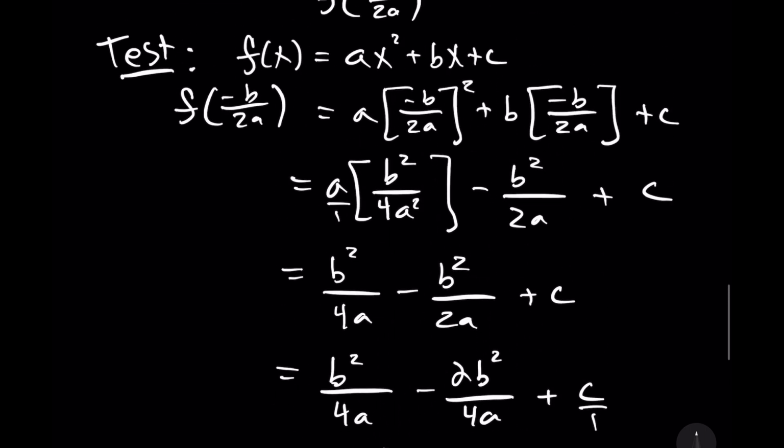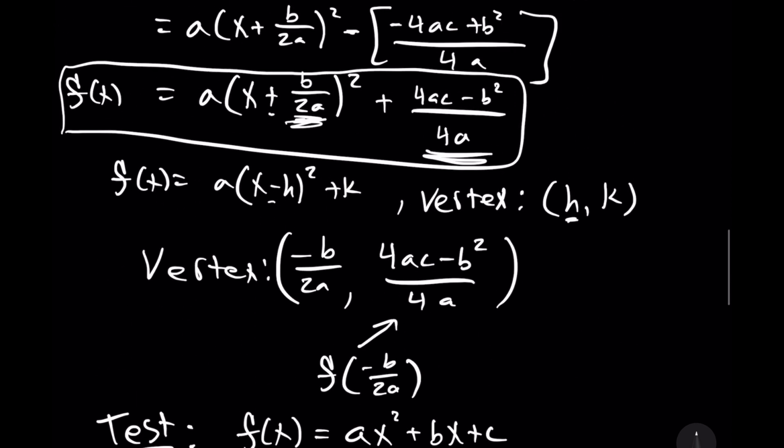But that's the same thing as what we got up here. We got our vertex as 4ac minus b squared all over 4a. So that works. And we have derived the vertex. The vertex really is at negative b over 2a comma f of negative b over 2a.